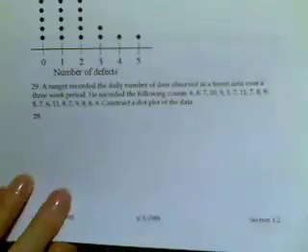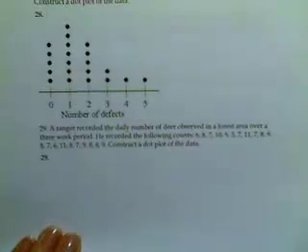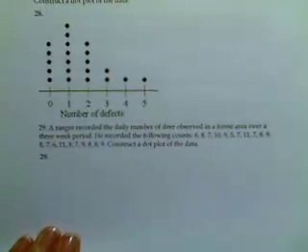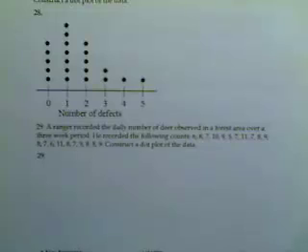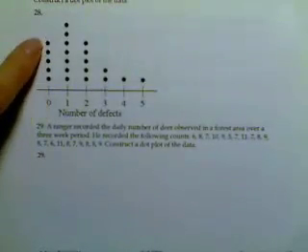If I wanted to buy, let's say, a camera, and I'm looking at different brands of cameras and the number of defects out of 50 cameras sold, how many cameras were defective, then I'm going to want to buy this camera, the one that had 0 defects.